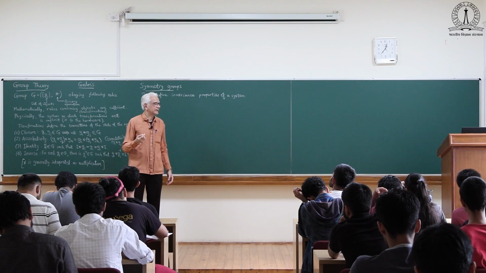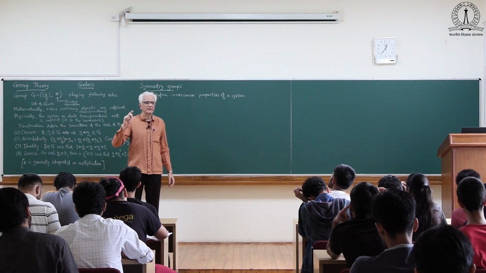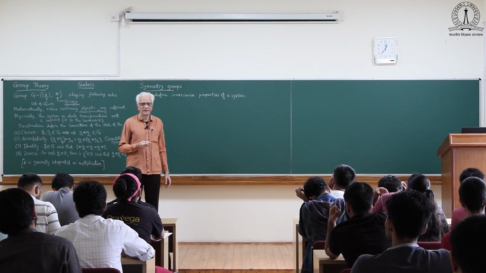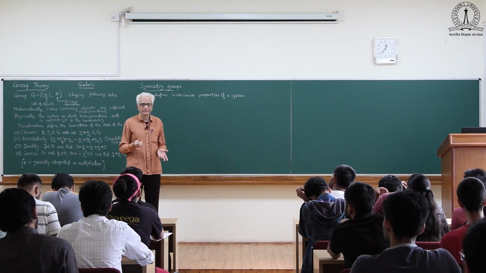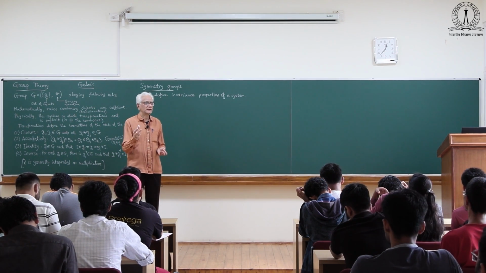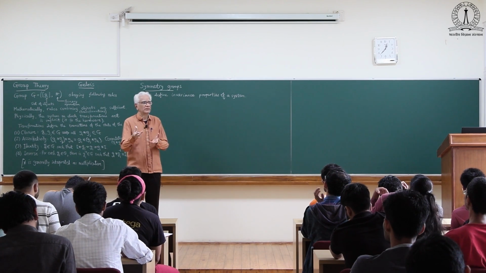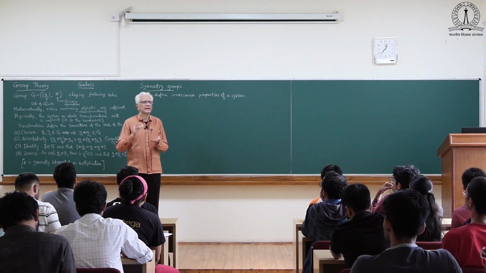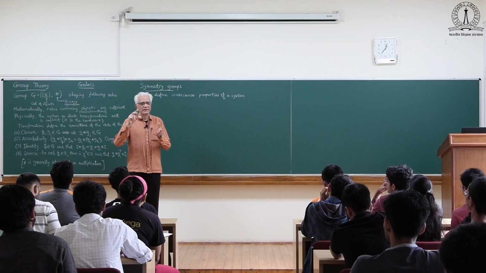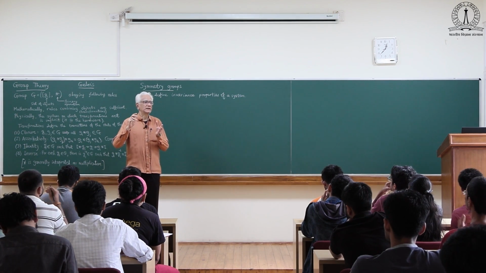What do you mean by invariance? It is basically that you apply some transformation and it looks the same. Like if you take a sphere, I rotate it, but it looks the same. So then you say that the sphere is rotationally symmetric.